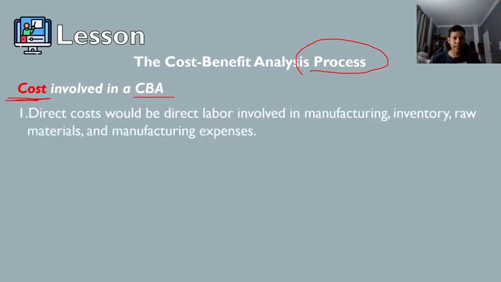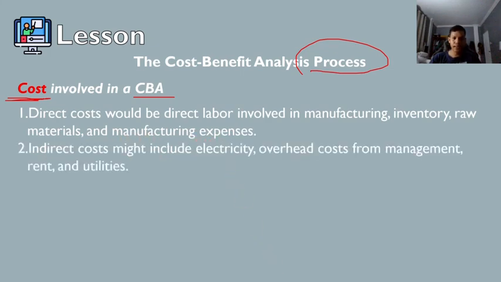Number one is the direct costs, which would be direct labor involved in manufacturing, inventory, raw materials, and manufacturing expenses. Okay, that is for number one. The second one would be indirect costs, might include electricity, overhead costs from management, rent, and utilities.